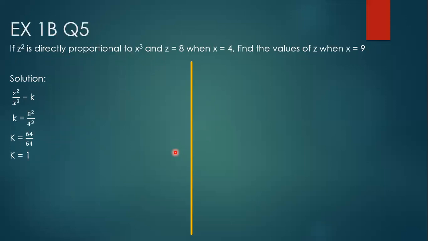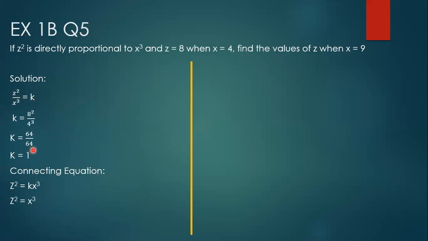Let's make a connecting equation. So z square, since you have to find the value of z, we are going to make a connecting equation with respect to z. So if we are taking z square, that means we are going to multiply x cube with k here. So since we need only z, what are we going to do?